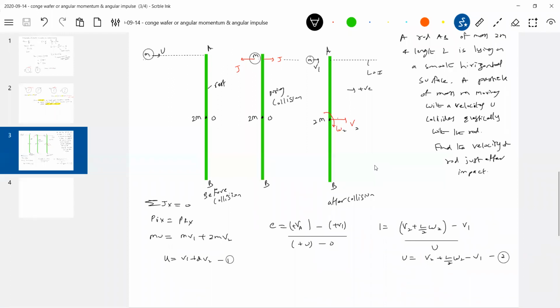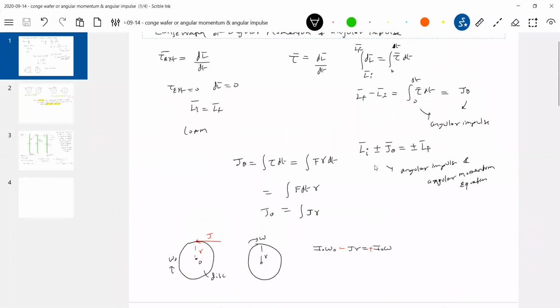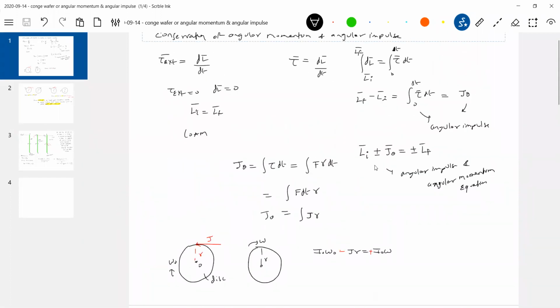If you close your eyes and try to imagine, what should you do immediately? Bring the formula, angular impulse, angular momentum equation. When can you conserve angular momentum? When net torque is 0 or net angular impulse is 0, then Li is equal to Lf. Go back to the formula.